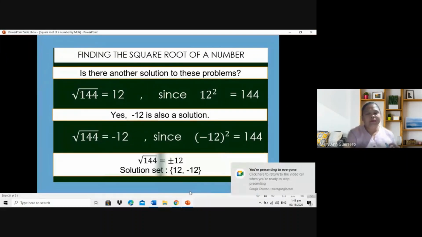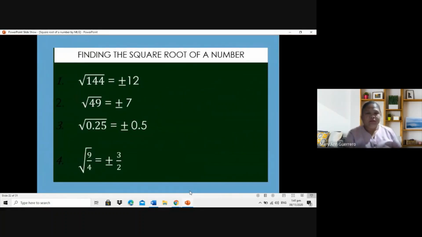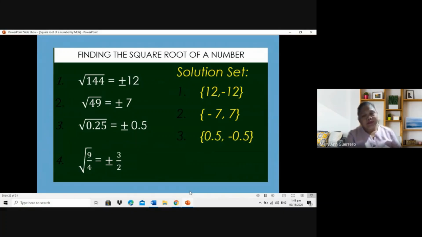So therefore, we have square root of 144, positive 12, and negative 12. Now, for number 2, negative 7 and 7. Number 3, 0.5 and negative 0.5. And number 4, 3 halves and negative 3 halves.